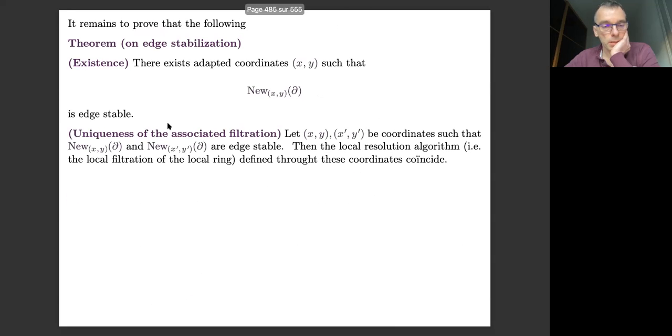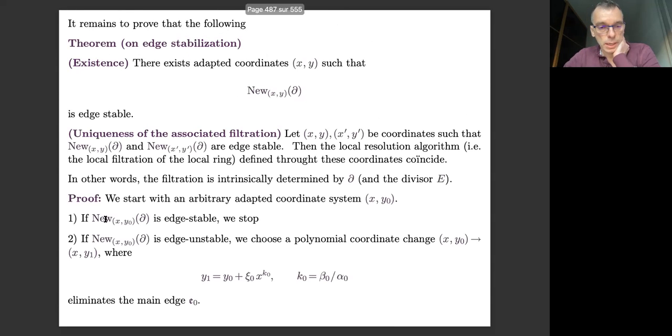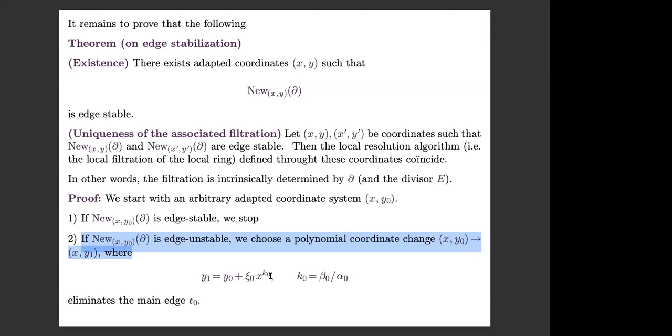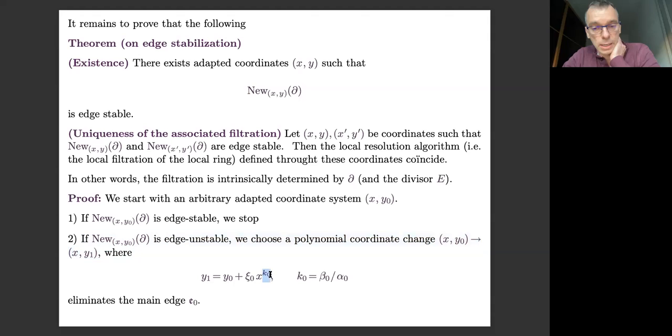Okay, so I assume that you have an edge. I am in this second situation, right? So I assume that the edge is unstable, by which I mean that I can eliminate all terms in the main edge by a change of coordinates of this type. But in this definition, it's implicitly assumed that this should be an integer number.